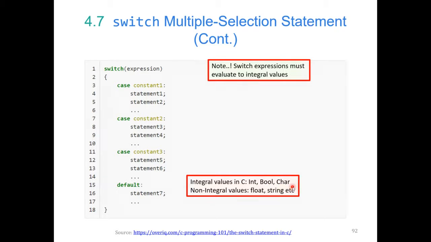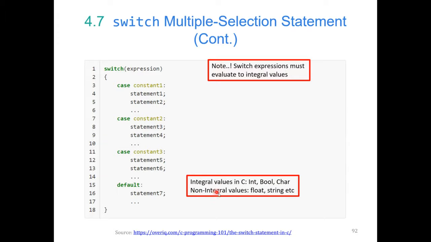Because characters can also be converted to integers, or they have integer values corresponding to them, or essentially they are stored as integers. So these three data types, int, bool, and character, belong to integral data types. And so switch expressions are generally limited to working with these kinds of data types.